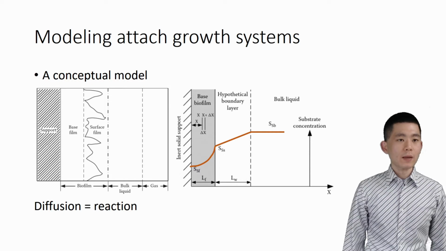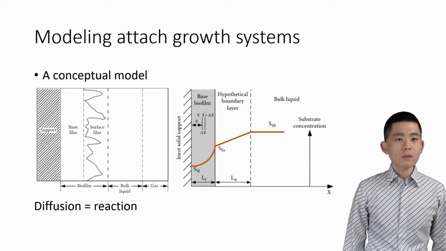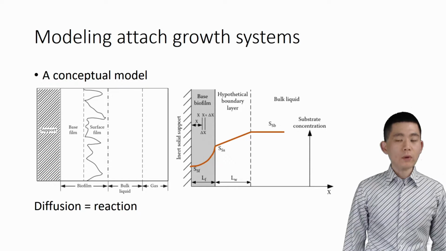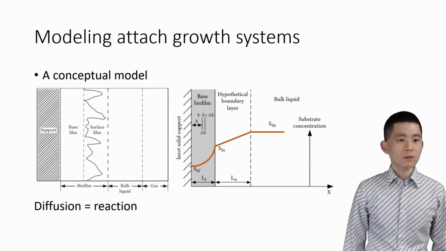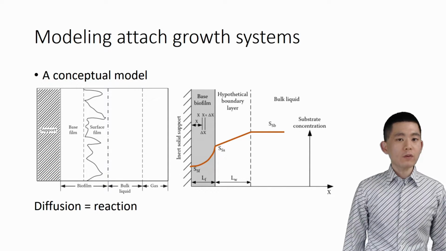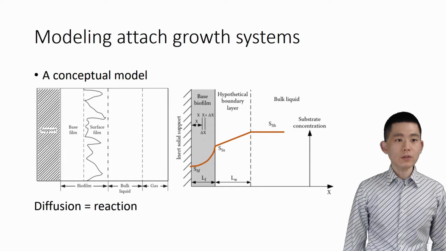You can see the substrate concentration profile throughout the depth of the biofilm. It decreases linearly in the boundary layer as there is no reaction, just diffusion. As it reaches the biofilm, it starts to get consumed. The consumption rate decreases as the substrate concentration decreases. The consumption rate decreases to 0 as it reaches the substratum.